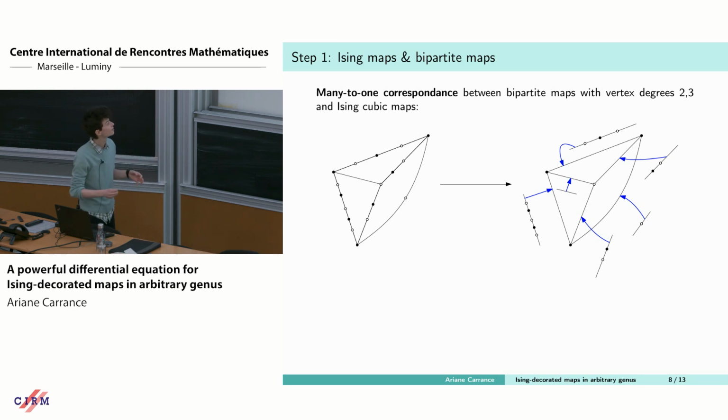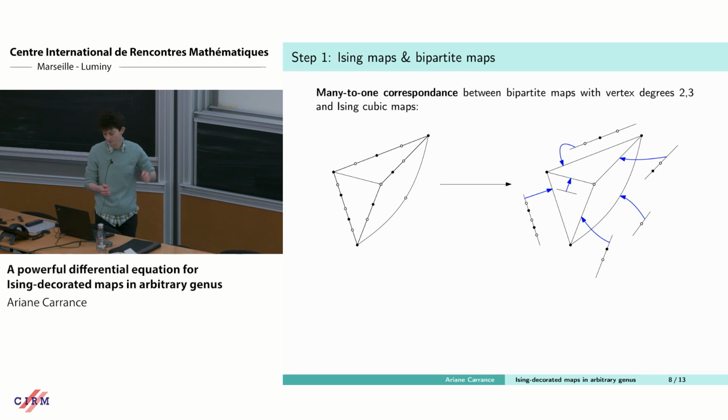In the case of cubic maps, you get a correspondence with bipartite maps with vertex degree 2 or 3 in the quite natural way that, starting from such a bipartite map, if you just forget about the vertices of degree 2, you will have a cubic map with black and white vertices, but it is not necessarily bipartite.